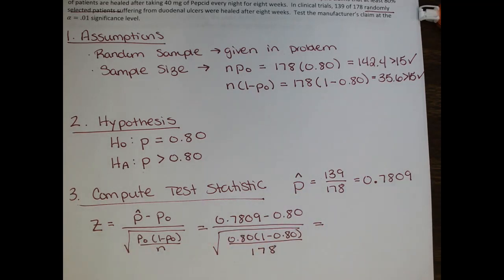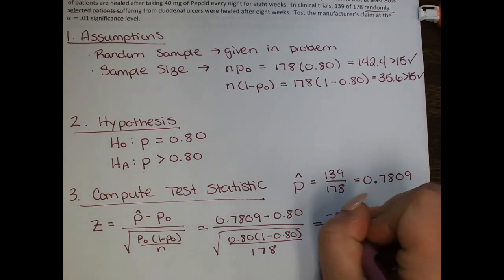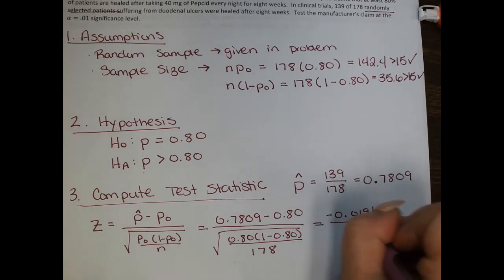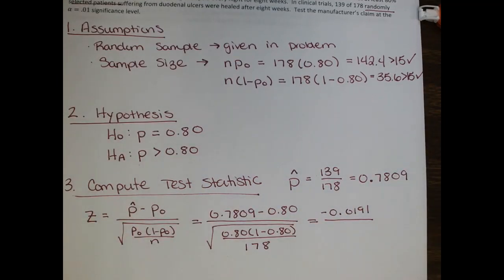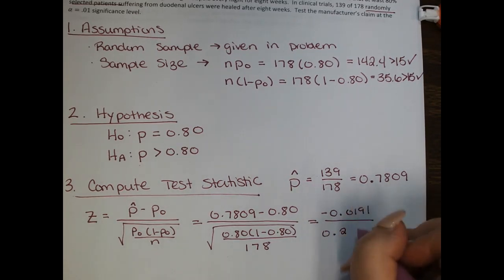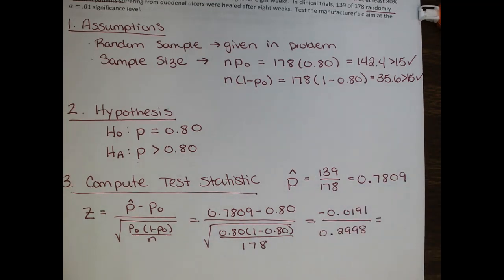Calculating the numerator first. And then calculating the denominator. Next, taking the numerator divided by the denominator.